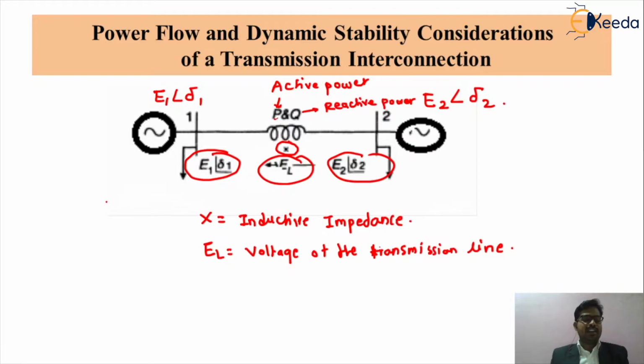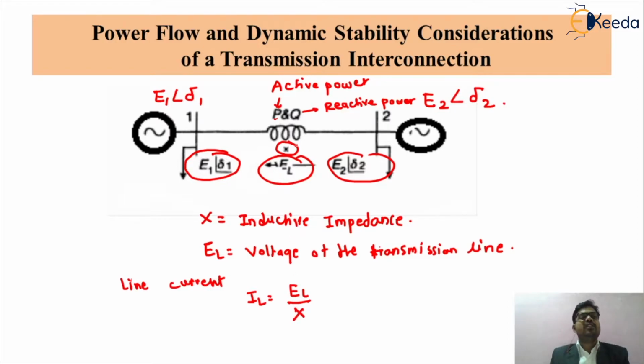First of all, we get a very important parameter, which is the value of the line current flowing through that particular transmission line. We can get the line current by means of IL. The fundamental formula is: IL, the line current, is equal to EL divided by X. What do we mean by EL?